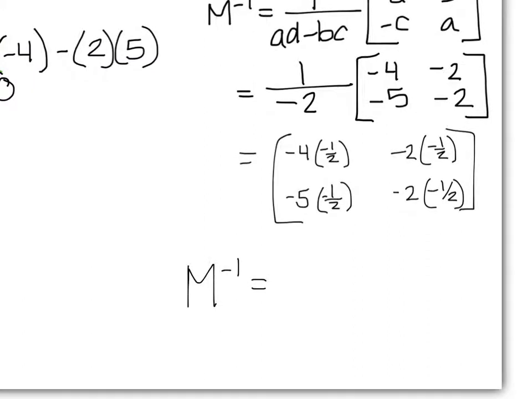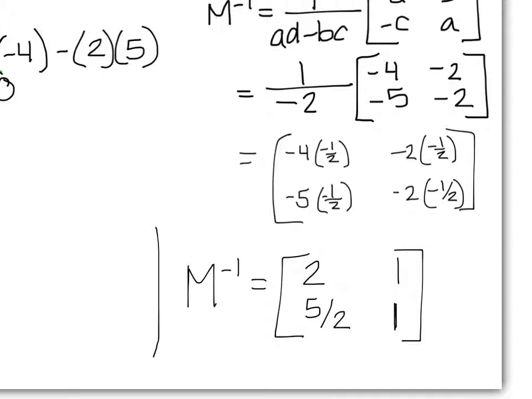The inverse of M equals, what's -4 divided by -2? 2. What's -2 divided by -2? +1. Hey, that gave us the answer for the last spot too, because those were the same. 1. And then 5/2. It's positive because the double negatives cancel out. And that is your answer.